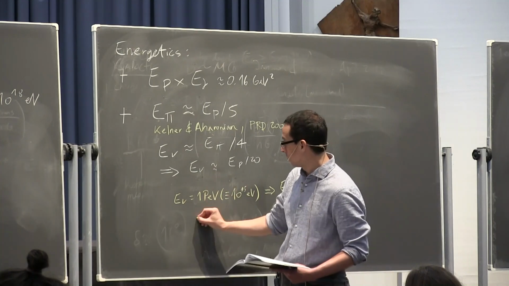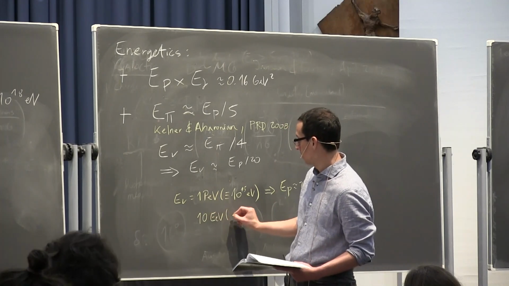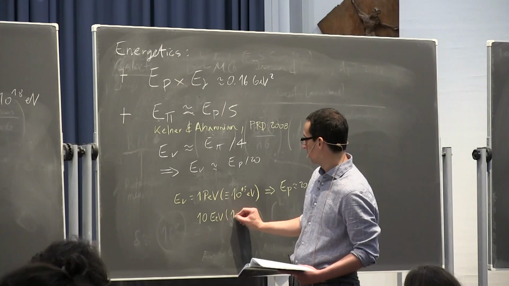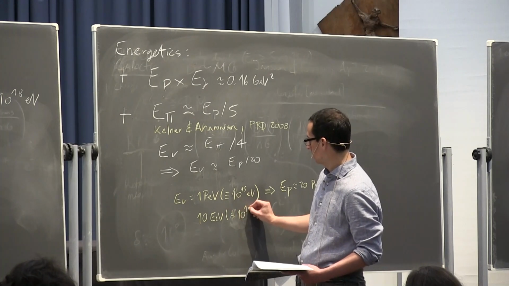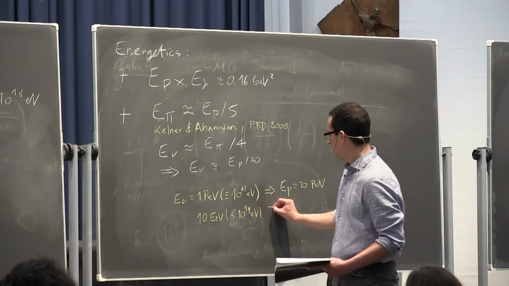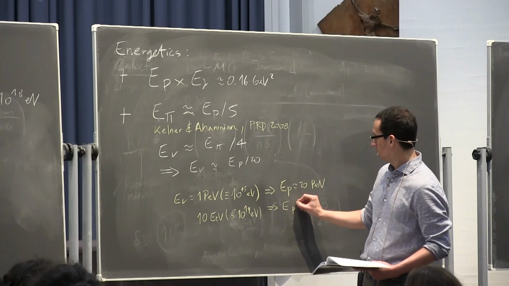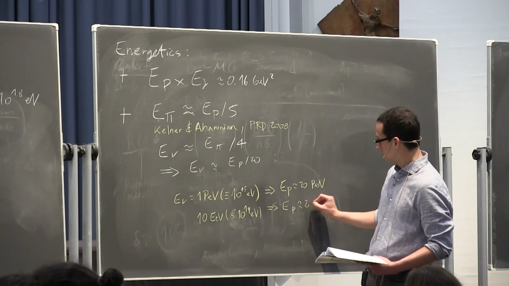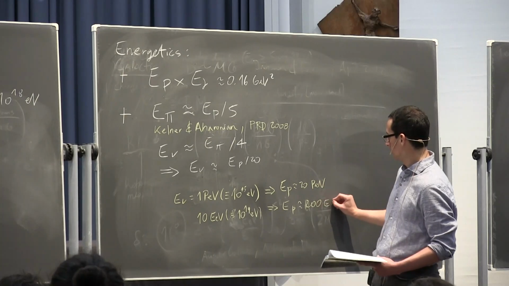If instead we were to see one neutrino of 10 to the 19 electron volts, which we have not, then that would imply a parent proton energy of 200 EeV.